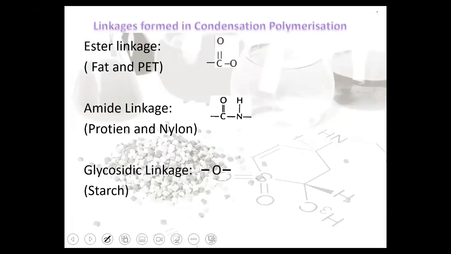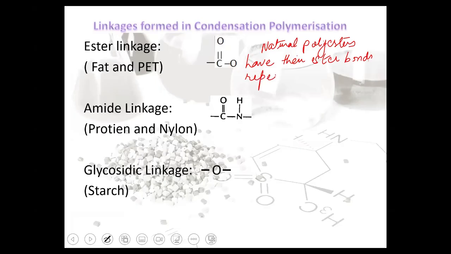Let's just write here. Natural polyesters have their ester bonds repeated in the same orientation.